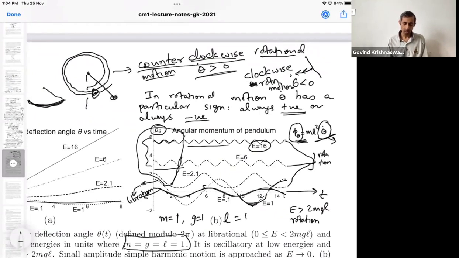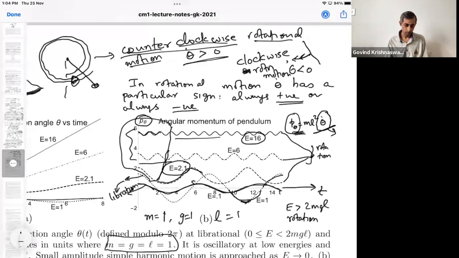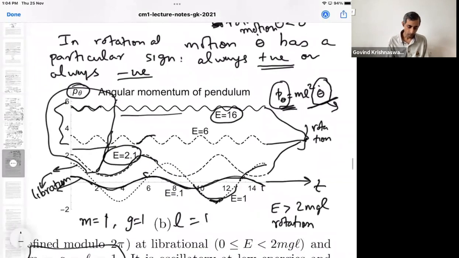But the key feature that I want to emphasize is that as the energy increases, energy is 2.1 in this curve, energy is 6 in this curve, energy is 16 in this curve, we are noticing that the range of angular momentum is becoming lesser and lesser as we go to higher and higher energies.